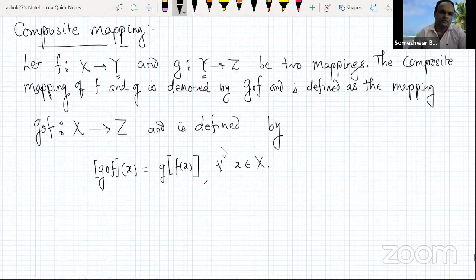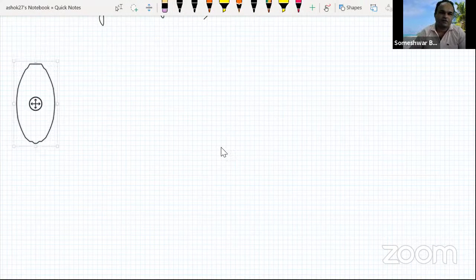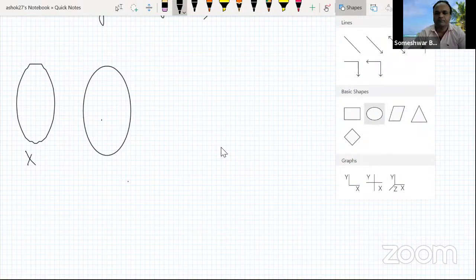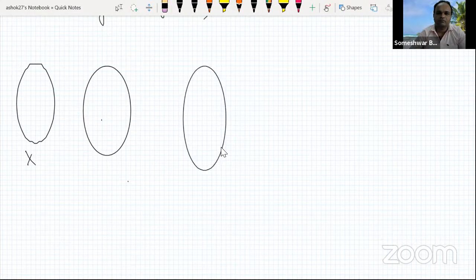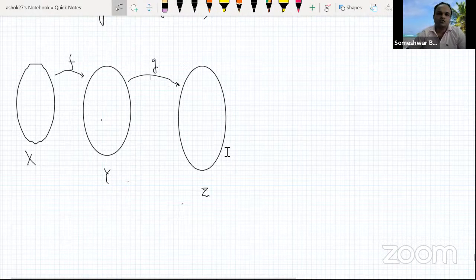Suppose this is X, this is Y, and this is Z. F is a mapping from X to Y, and G is from Y to Z. Then what is the composition of these two mappings?